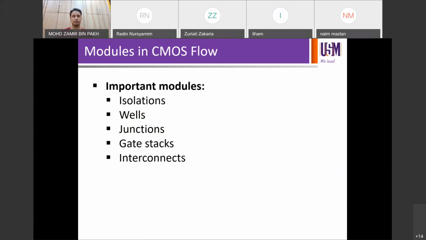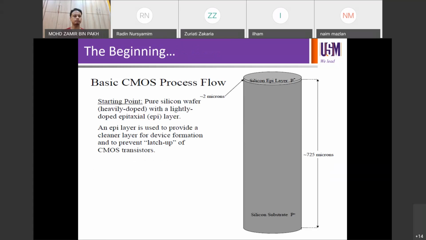These are the categories that we have for us to divide the process flow into specific modules, right? So we're going to see later on where you see the wells, where you see isolations, junction, gate stacks, which one comes first, which one comes later.